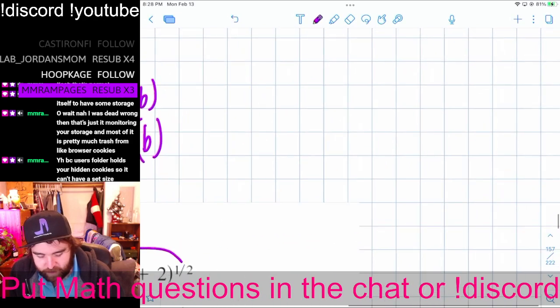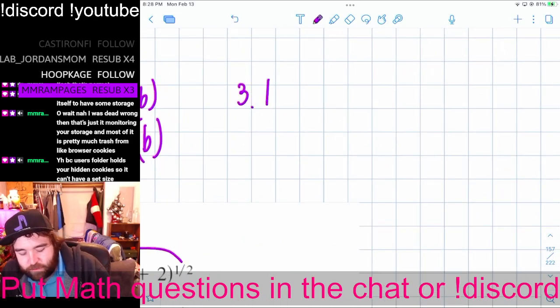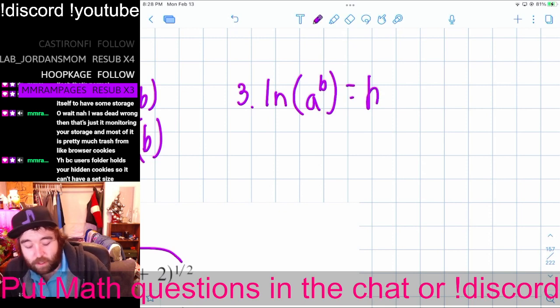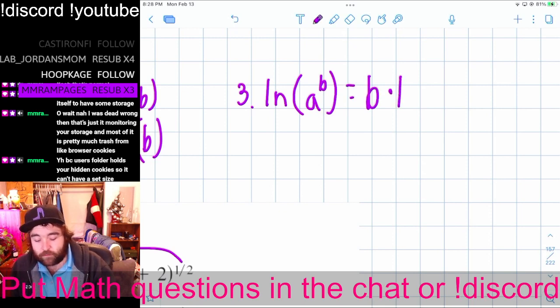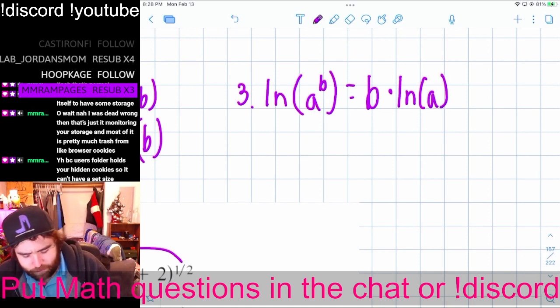So if you want to write down that property, that's going to be that the ln of a to the b equals b times the ln of a.